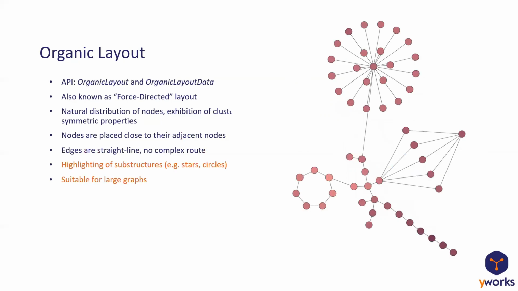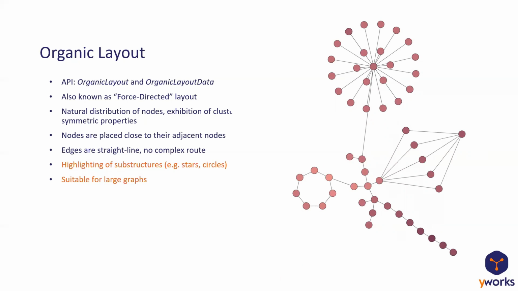It also has features to explicitly highlight certain substructures in a graph. This can be seen in the sample now. We see, for example, on top, and I show it here, this top component is a kind of star. So you have one root and a lot of children connected to the same root.